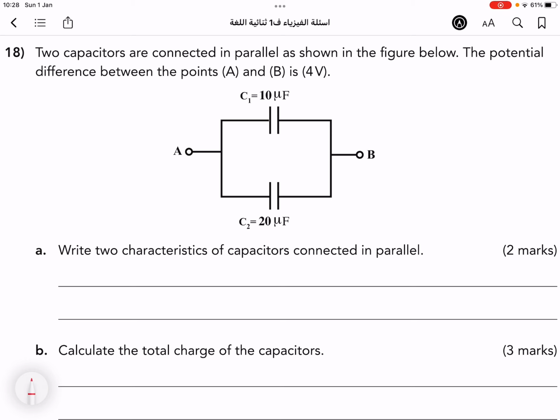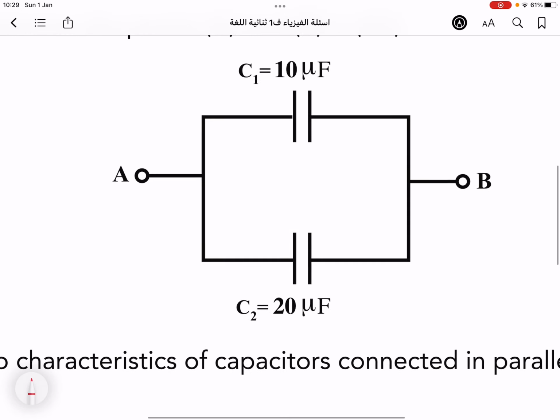And also a third characteristic is the total charge of the system will be the sum of the charge in each capacitor. And also we can say as a characteristic of any capacitors connected in parallel, the positive plates are connected together.